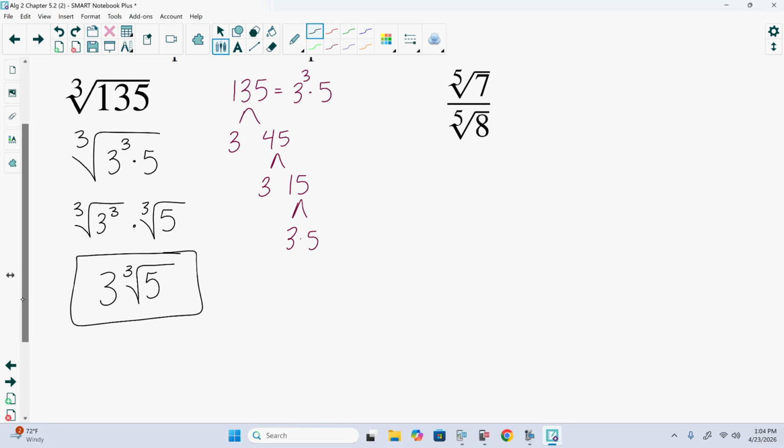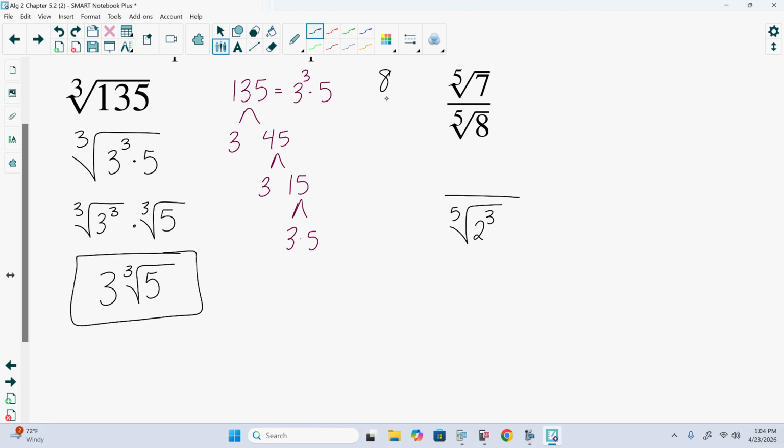Now, I know if I have 8 to the 5th, the 5th root of it would reduce and simplify out, yes? However, before you jump into doing it that way, can I rewrite 8 as a number to a power? Yes. And 8 is what? 2 to the third.